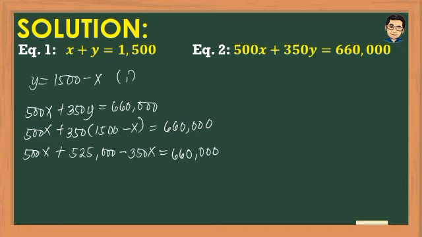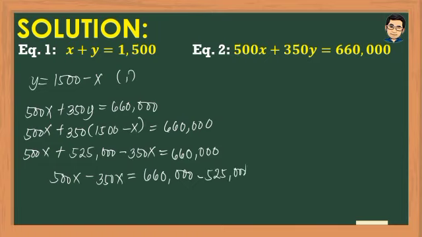And then we combine like terms, 500x minus 350x equals 660,000 minus 525,000.